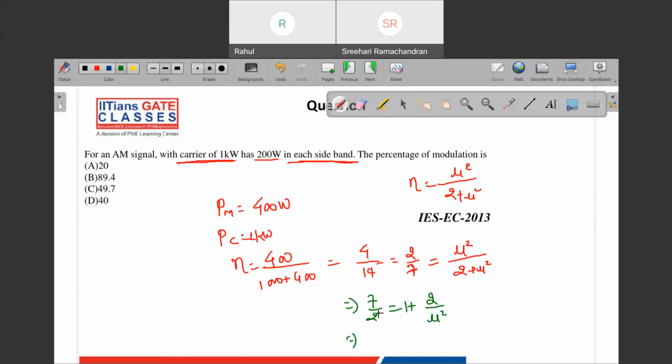Once you subtract, this is equal to 3.5 minus 1 equal to 2 by mu square, and then you can write mu square is equal to 2 by 2.5 or 4 divided by 5. Once you solve it, it will turn out to be 89.4. So this will be the percentage of modulation. The modulation index is also known as the percentage of modulation.